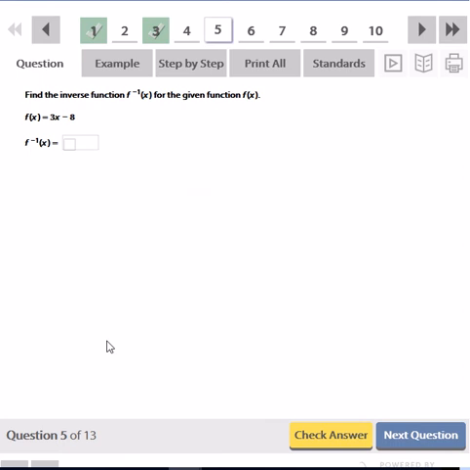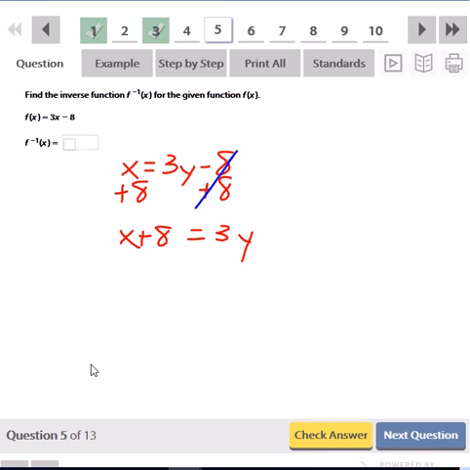Here they want us to find the inverse of this function that they've given us. So the way we find an inverse is to switch the x and the y. So we would start off by saying, instead of y equals 3x minus 8, x equals 3y minus 8, but then we have to solve for y. So plus 8 on both sides. X and 8 are not like terms. So we would say that x plus 8 is equal to 3y.